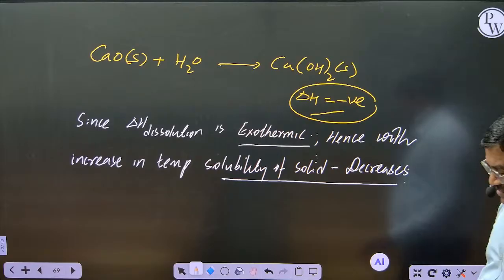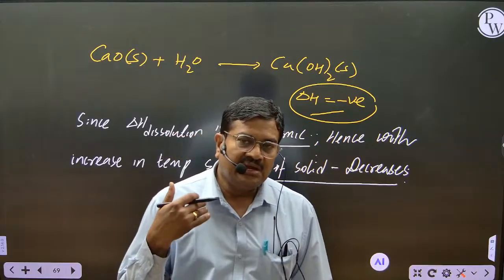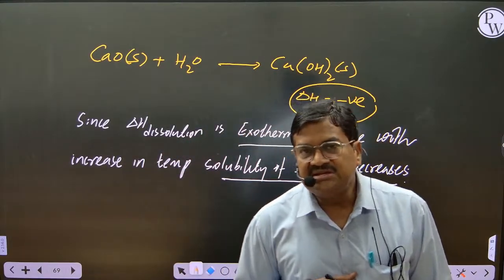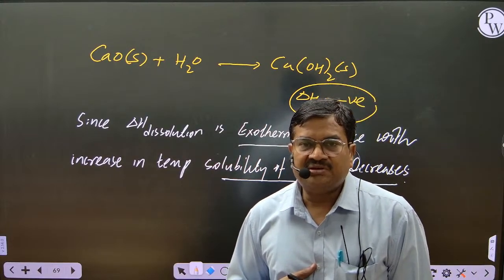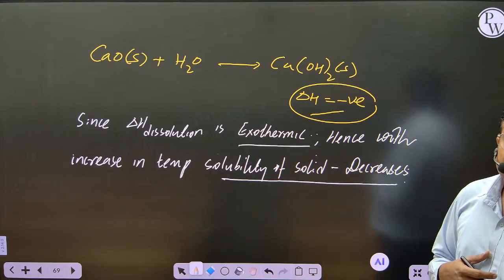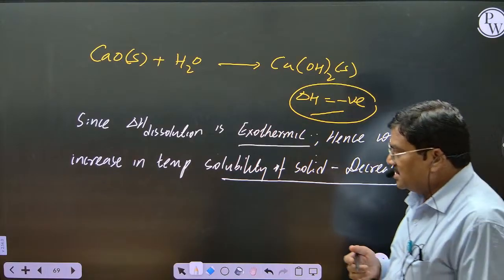Clear? Therefore, what we can conclude, solubility of solid in liquid may either increase with temperature or it may decrease with increase in temperature. We don't know, that depends on enthalpy of solution. Clear? Understood, all of you?